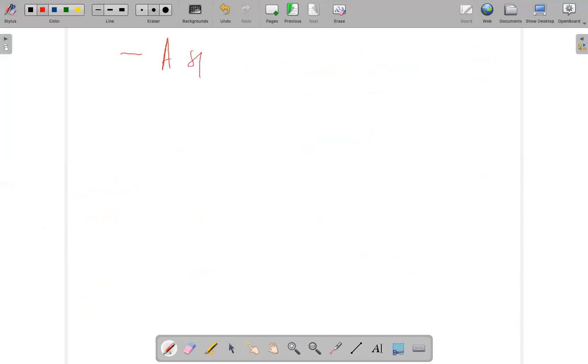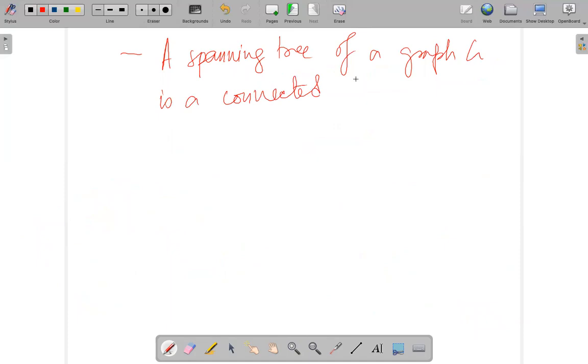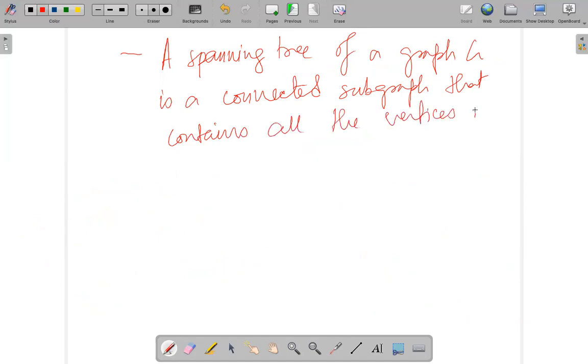So a spanning tree of a graph G is a connected subgraph that contains all the vertices in G and is a tree.